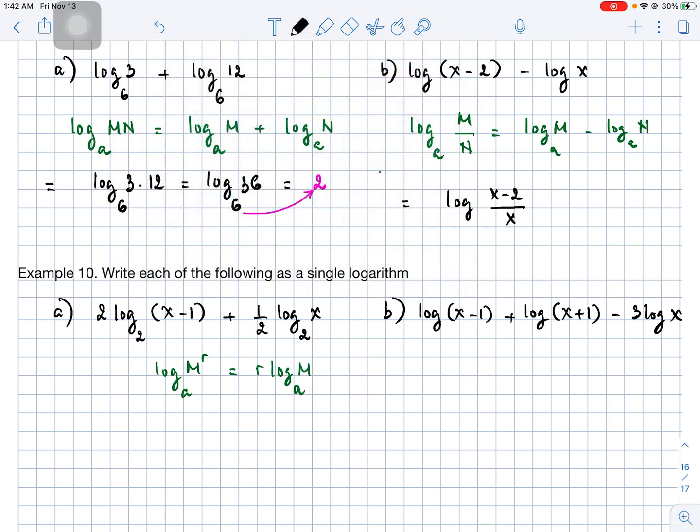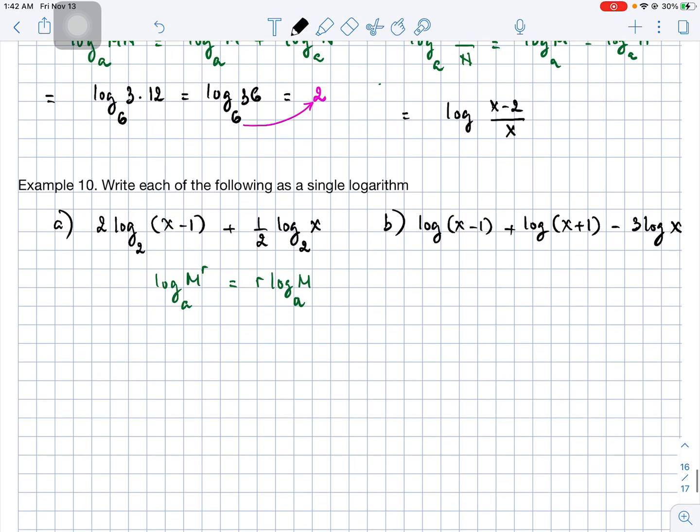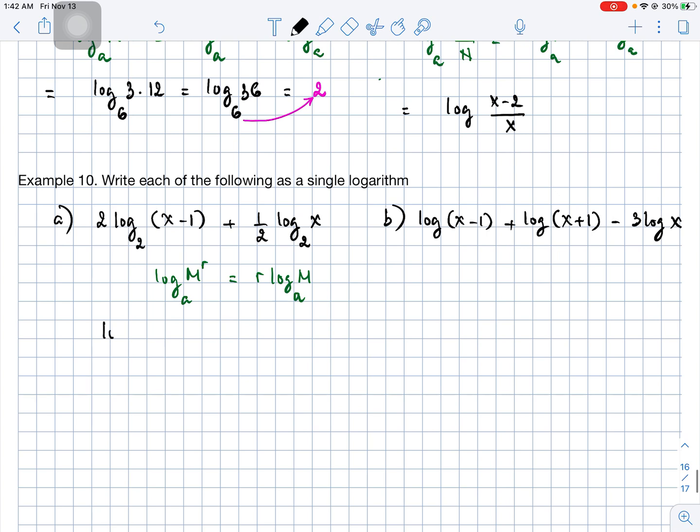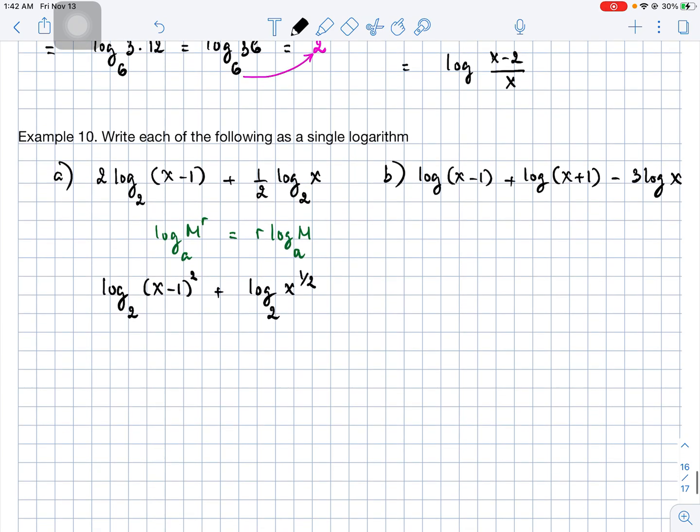So, in problem A, we need to move up the 2. So it becomes log base 2 of x minus 1 squared plus log base 2 of x to the 1/2. Now we can apply the product rule.